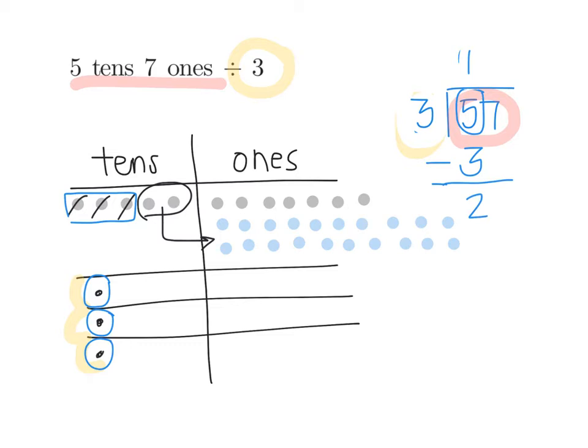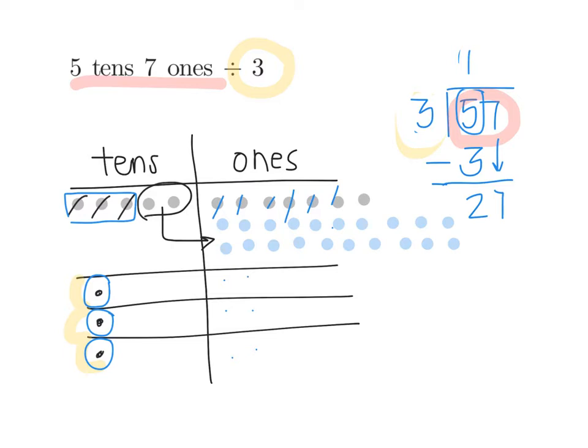Then what I did is I regrouped those 2 remaining tens to become 20 ones. Here, the blue ones are the 20 ones. If I add that to the ones I already had, that's 27 ones. Do you guys agree? That's the same thing as bringing down this 7. Now you see I have 27 ones. It's kind of a pain to go 1, 2, 3 over and over and continue dividing.